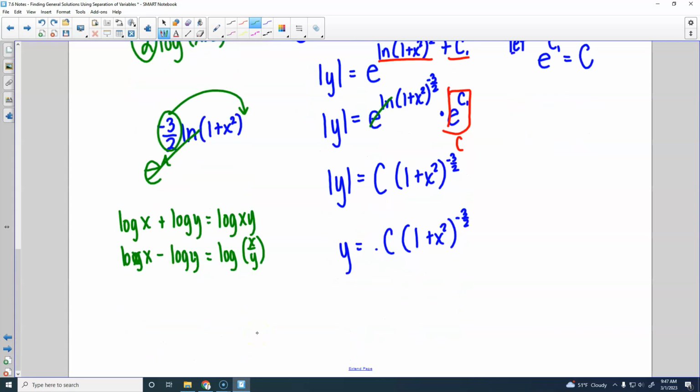And then you've got your power rule, where if we've got a log of x to the a power, it is a times log of x. Those are the ones that you'll need to know. The other one would be being able to drop logs on both sides. So yeah, it's a good idea to have those in your memory. We won't use them every day, but we will use them here and there.